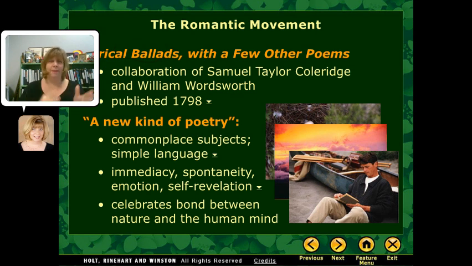I'm not going to write about the epic battle of Beowulf. I'm going to write about a daffodil, just a single flower. And this idea that this poetry reflected this kind of emotion and self-revelation and exactly what I'm experiencing right now, and this bond between nature and the human mind. And this really set it apart from the works that had been popular and that we see coming before this.